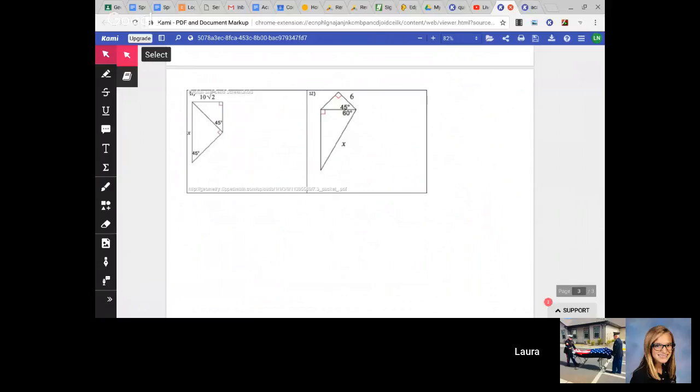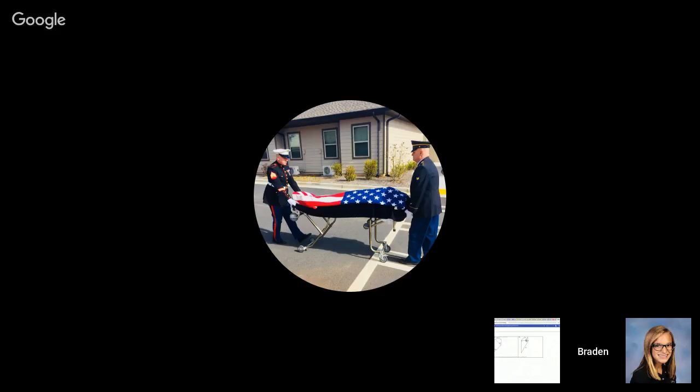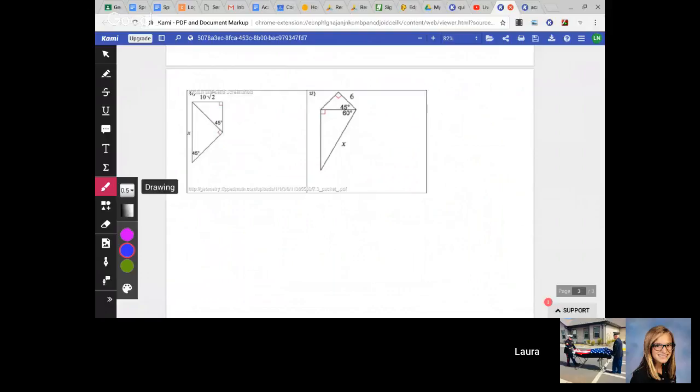Yes, ma'am, both of those. So number 11 there, it's kind of hard to see the number. They both have a 45-degree measure. So they're both 45, 90. What's this magic number for that kind?